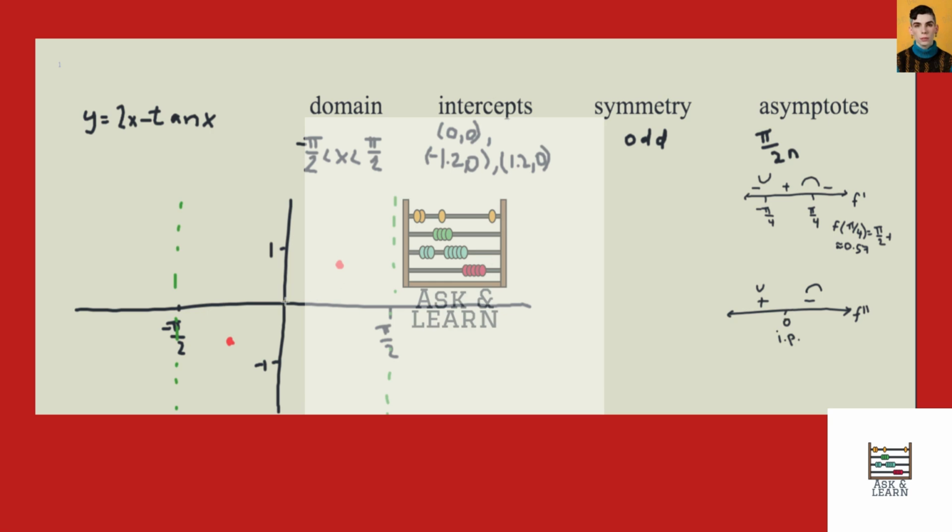Alright, so now we have our min and max, and we have the inflection point and intercept at 0, 0. And we have our other intercepts somewhere here. We're just going to do a rough sketch. So we have decreasing until we hit our minimum value.